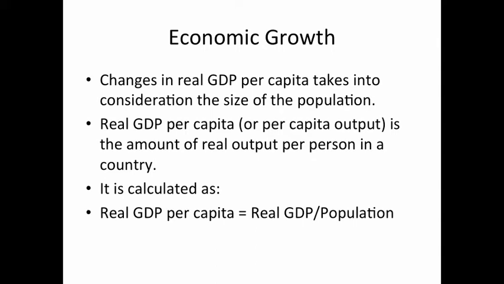So we can track how the amount of GDP per capita changes over time. To put it in per capita terms, as you can see here at the bottom, we just take real GDP, the absolute value, and divide it by the population that existed at that point in time. So real GDP per capita is real GDP in that year divided by that year's population.